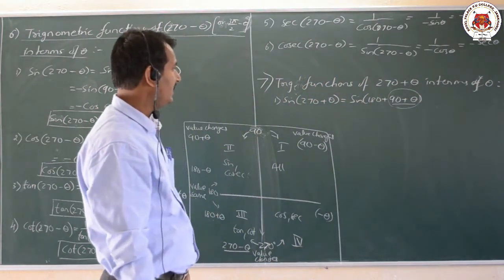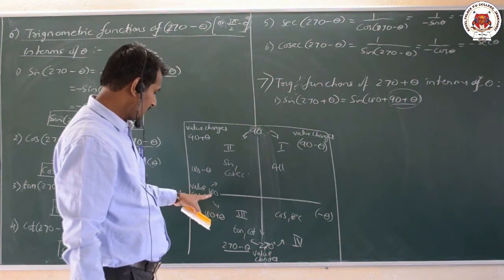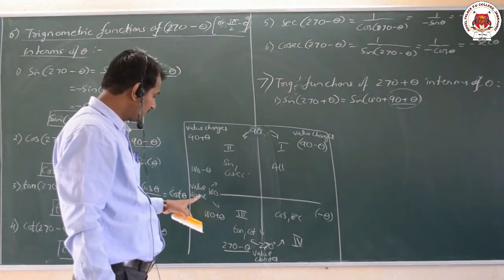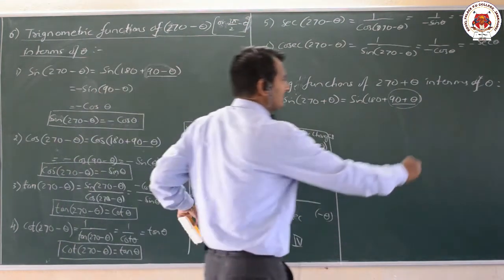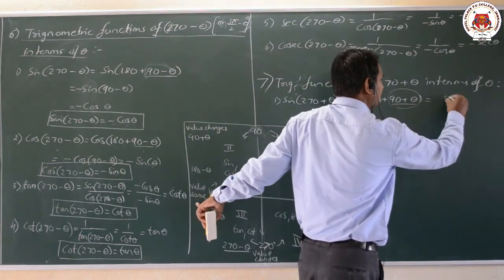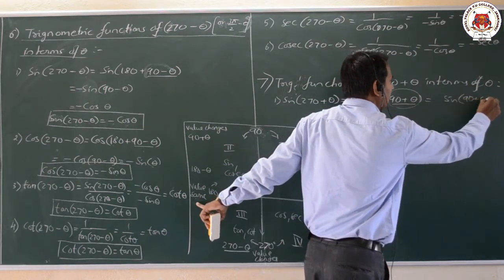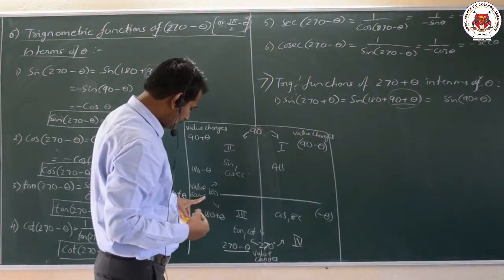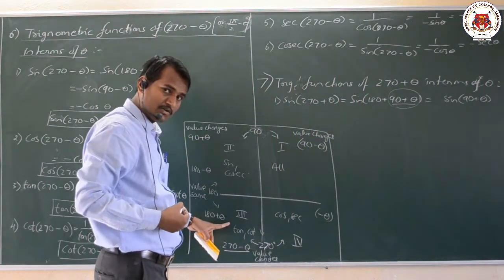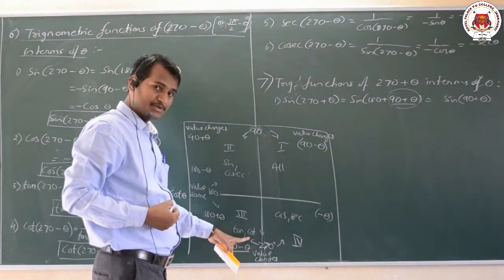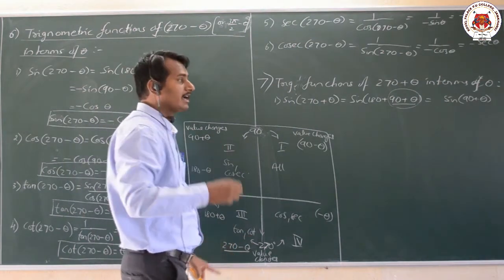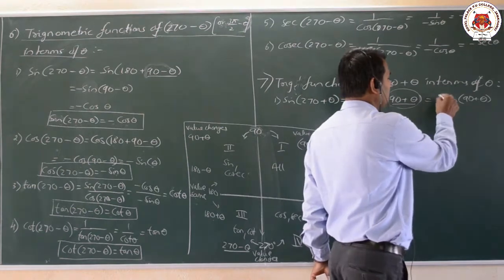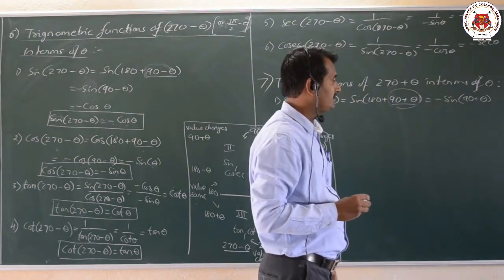Sine of 180 plus theta, what happens here? The value is same, that means sine to sine only. And for the sign, whether it is positive or negative, 180 plus theta comes in the third quadrant. In the third quadrant only tan and cot are positive, remaining all are negative. So therefore what we get is minus sine of 90 plus theta.